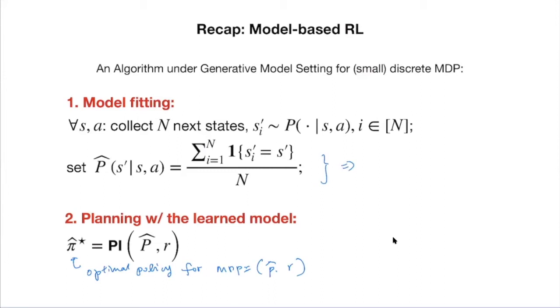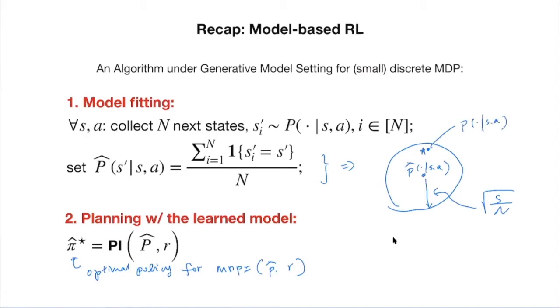Right? So what we said before is that you can think about there's a confidence ball where the center is P hat, it's A, and the radius is square root of S over N, where S is the number of states, N is the number of experiments that you do per state action pair. And we know that somewhere inside this ball is the ground truth.